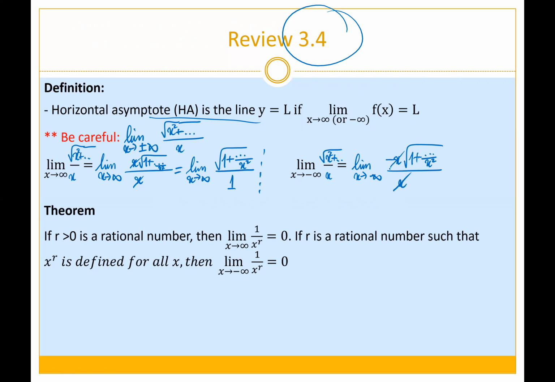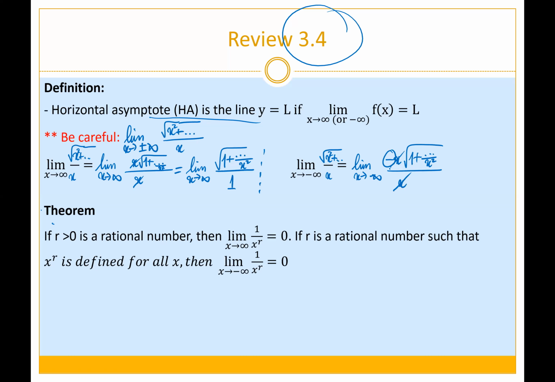So this x and this x cancel out, and we have this extra minus in front. That's what you have to be careful about when you find the horizontal asymptote by taking the limit as x approaches infinity or negative infinity.